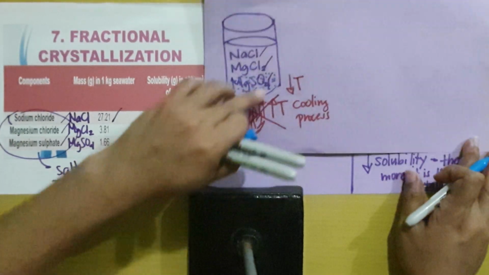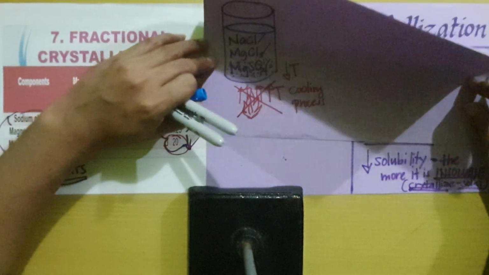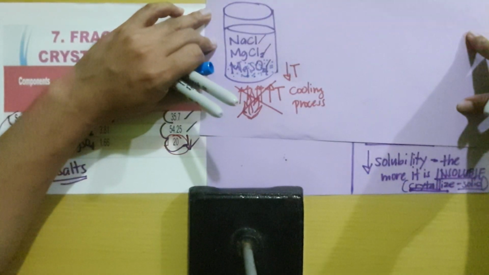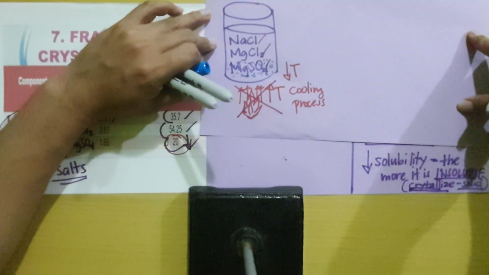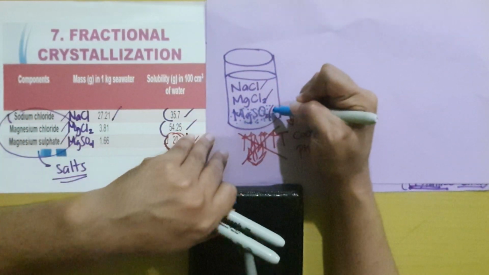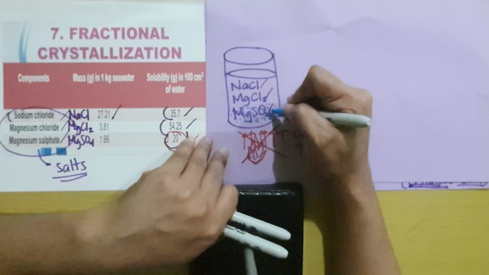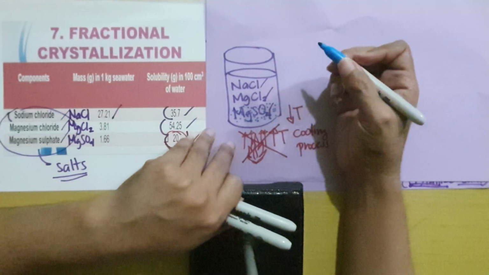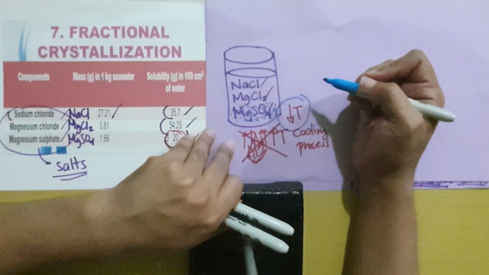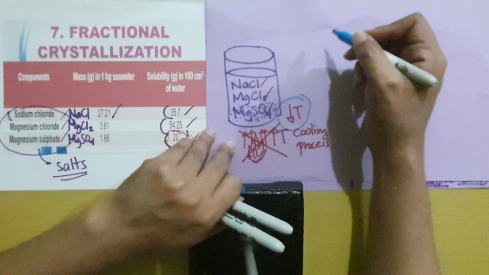And take note, the lower the solubility, the more insoluble it is, and the more that it will crystallize in its solid phase. So in this case, magnesium sulfate will be the first type of salt that will crystallize because it has the lowest solubility value.